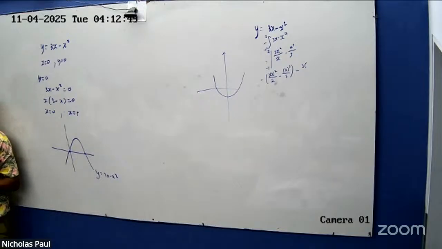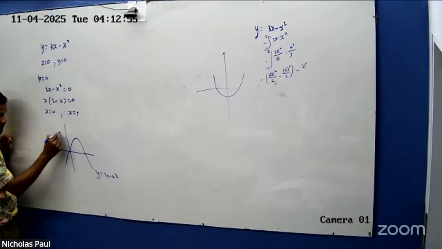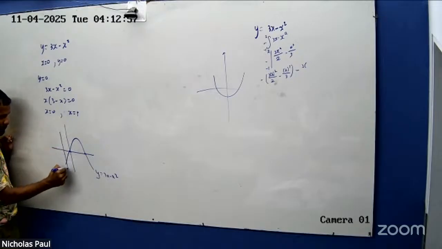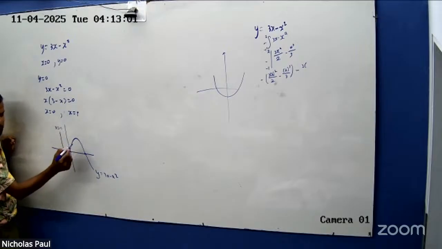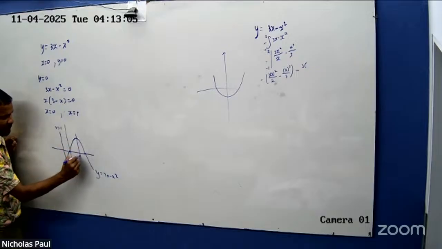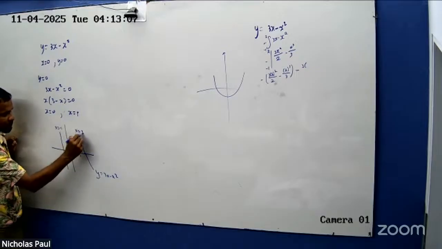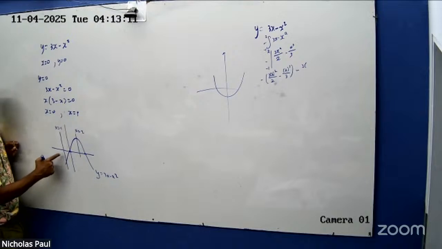What did they give you? Minus 1 and 2. Look at where minus 1 is. Where was the next one? 2. Let's pretend 2 is here, right?